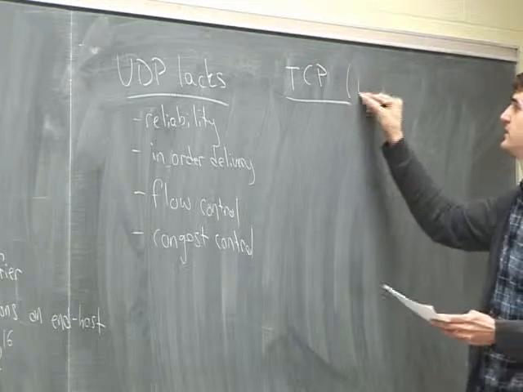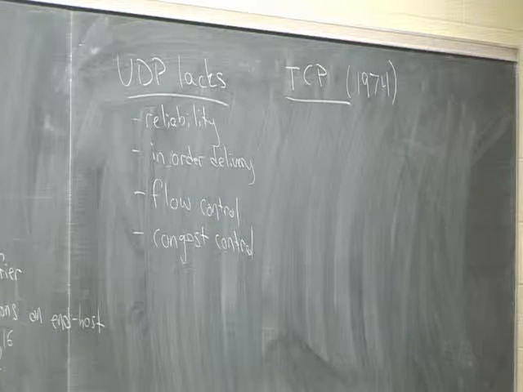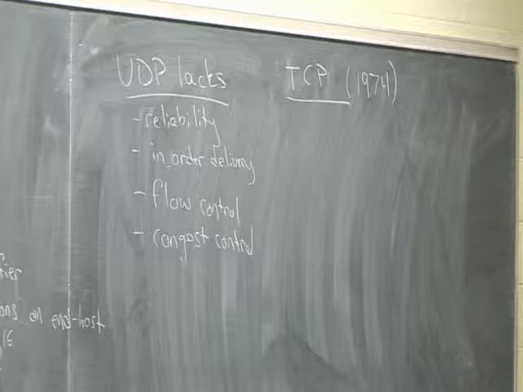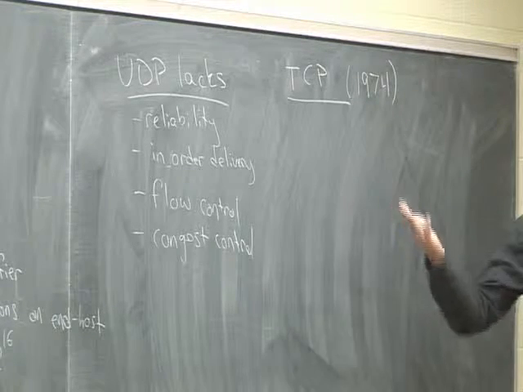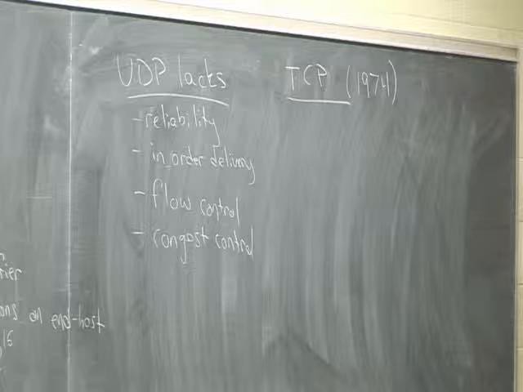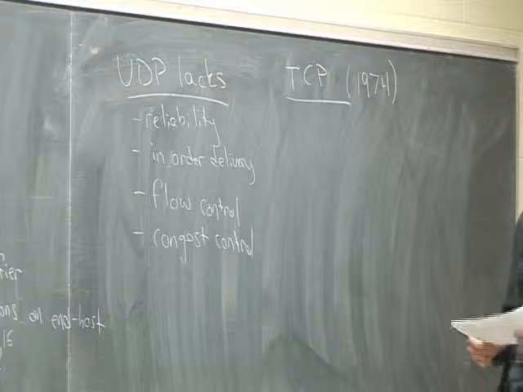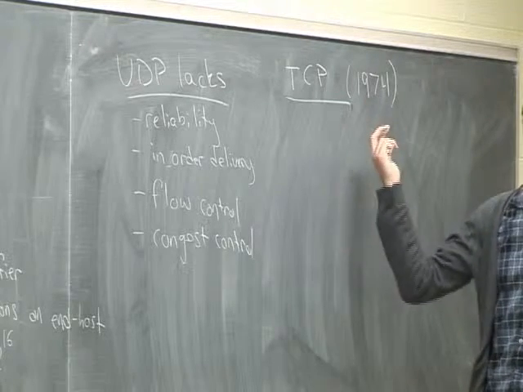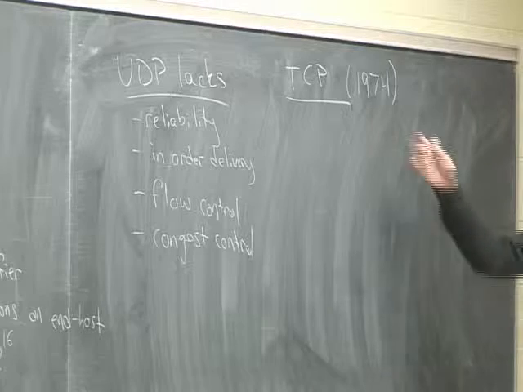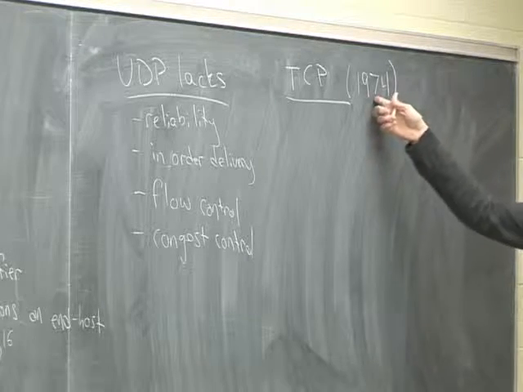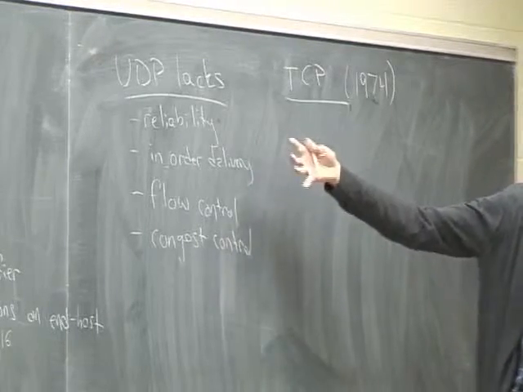It was actually created in 1974 by Vint Cerf and Kahn at UCLA, and they won a Turing Award for their development of TCP, which is sort of like the Nobel Prize of computer science. It's a pretty big deal because basically almost all traffic in the internet today runs over TCP. All right, and that's because UDP doesn't provide these things, and these are really nice if you're writing an application, right?